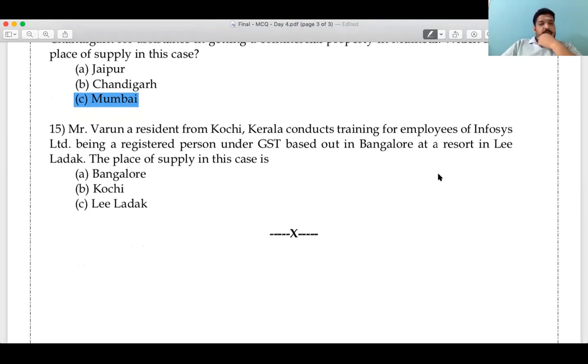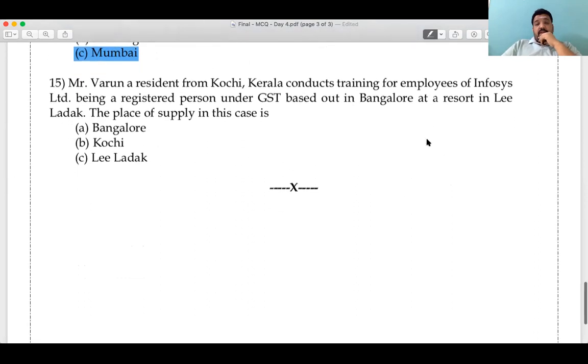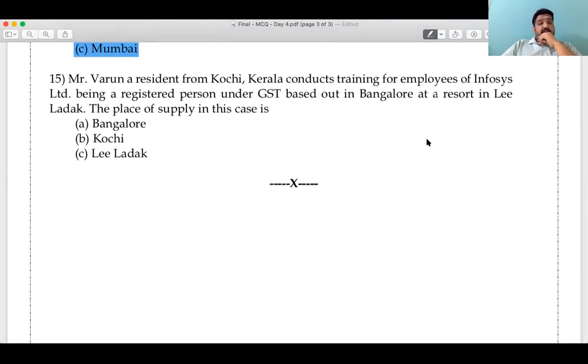Mr. Varun, a resident from Kochi, conducts a training for employees of Infosys Limited, a registered person under GST based out of Bangalore, at a resort in Leh Ladakh.